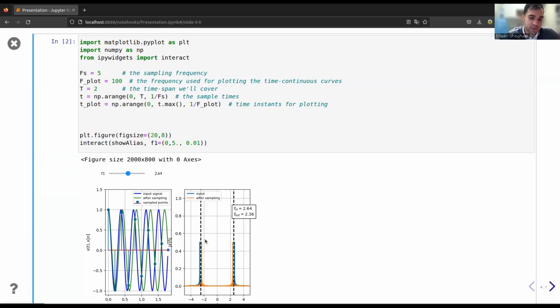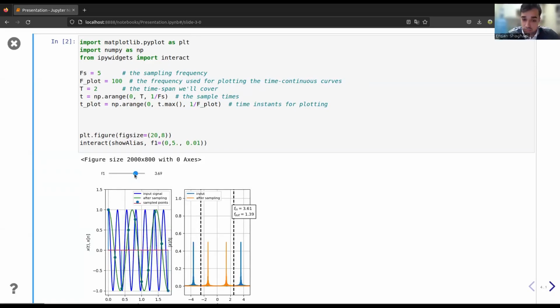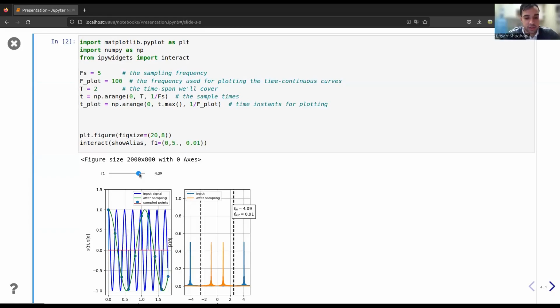If we look at the frequency domain, we see a new range of frequencies after sampling, while our input has a different range of frequencies. With larger frequencies closer to the sampling frequency, we have a wider gap between the frequency domain candidates.